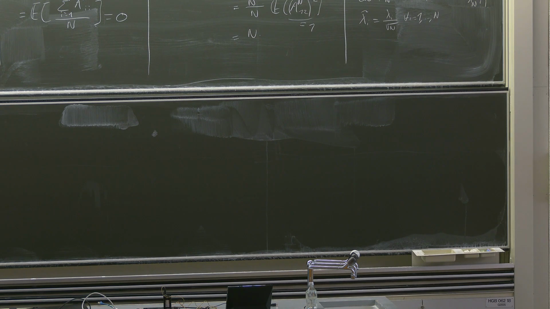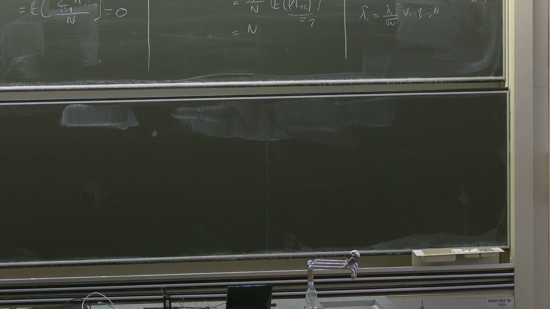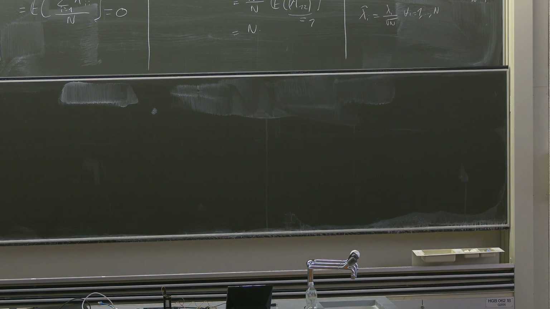So maybe here you have lambda 1, here you have some more eigenvalues, here you will have more eigenvalues close to 0, and here you have lambda n. And so this is the first step.